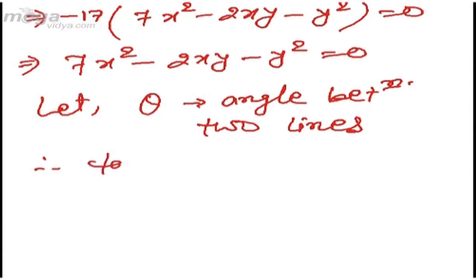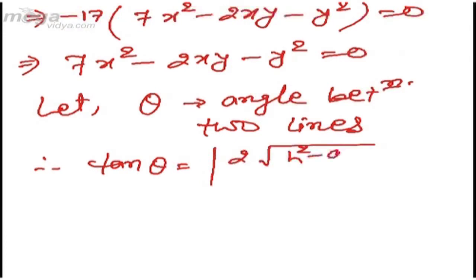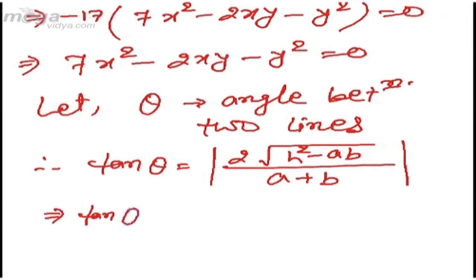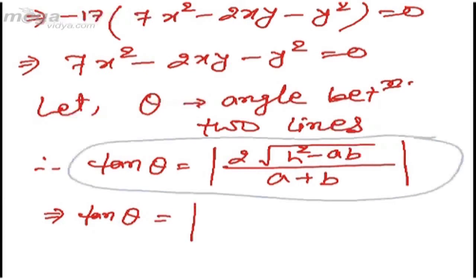So therefore we can use here the formula tan theta equal to 2 into root under h square minus ab upon a plus b, and then mod. Using this formula we will find the value of theta.